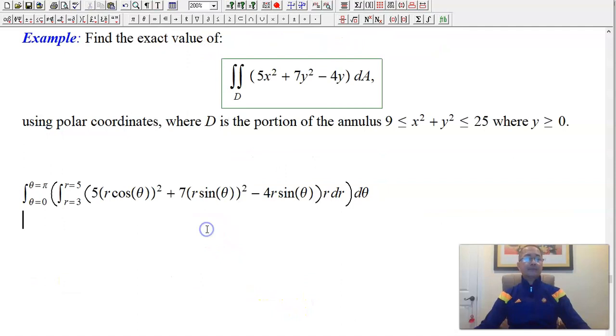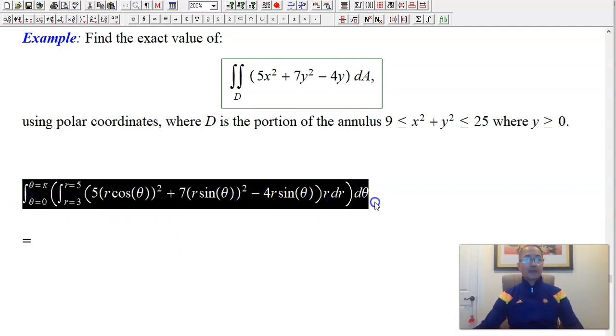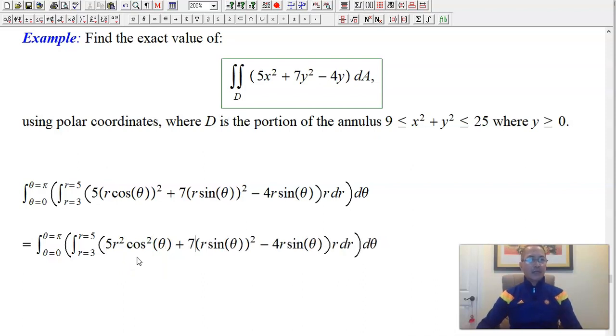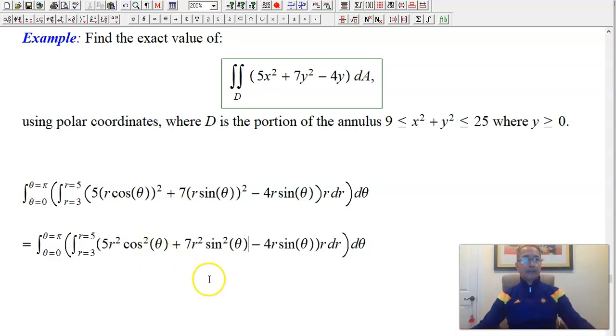Okay, there we go. So now we are going to perform the squares. So of course that turns into 5r squared cosine squared. Also, it looks better when the square is next to cosine. Square, square, no square on the last term.